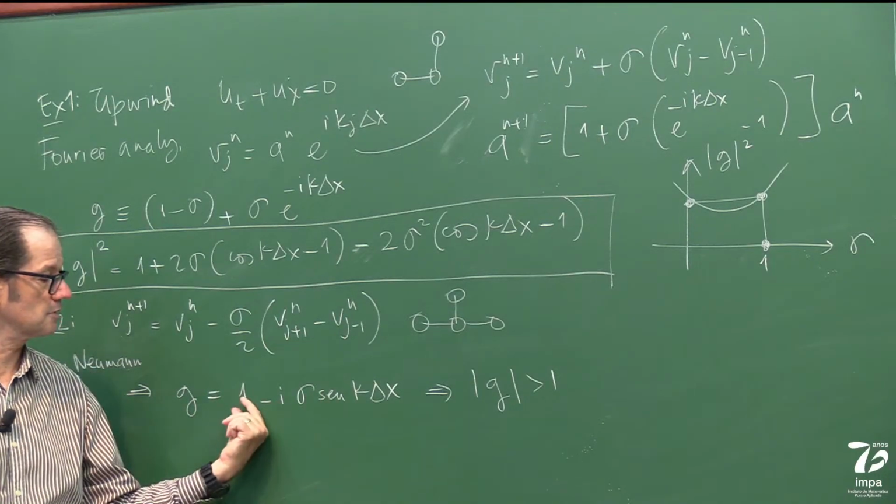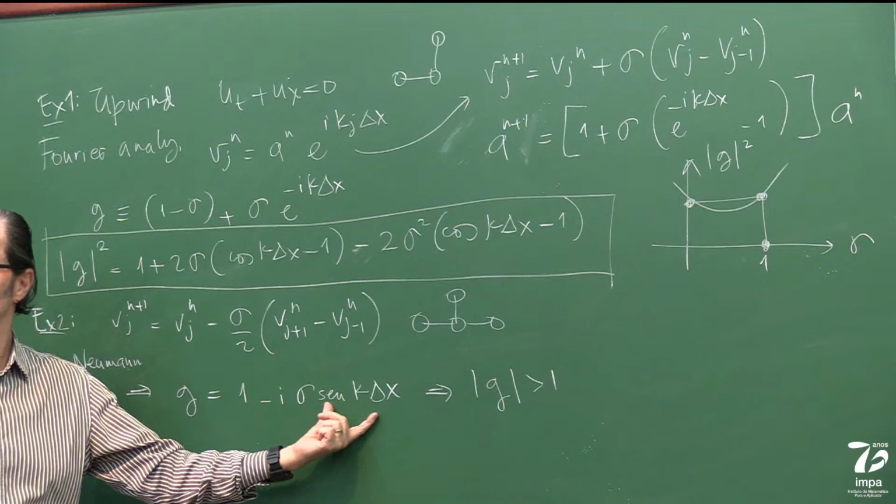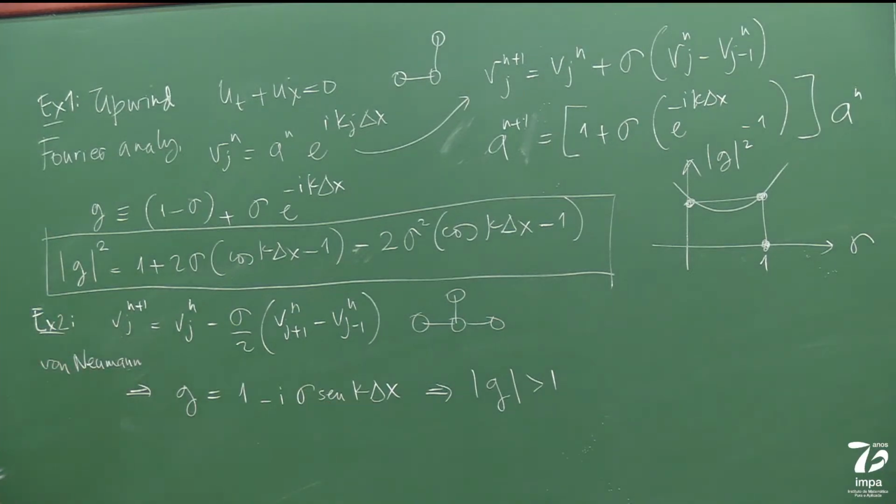This is imaginary, this squared plus this squared, square root, right? Positive, so it's going to be greater than 1. So the method will indicate for the wave equation, it's going to be growing. There's going to be some instability.